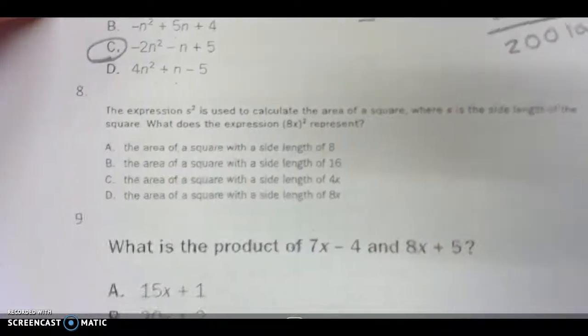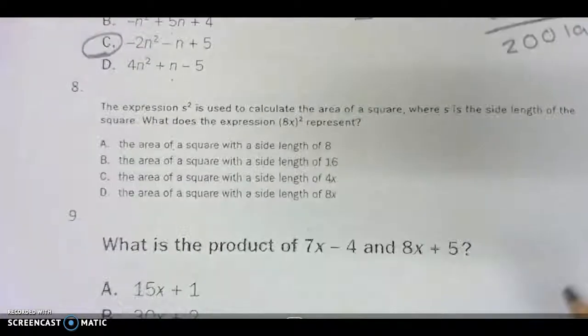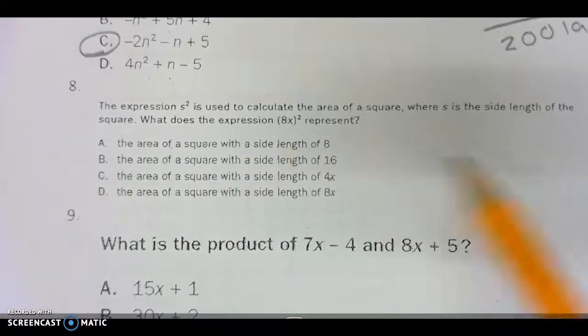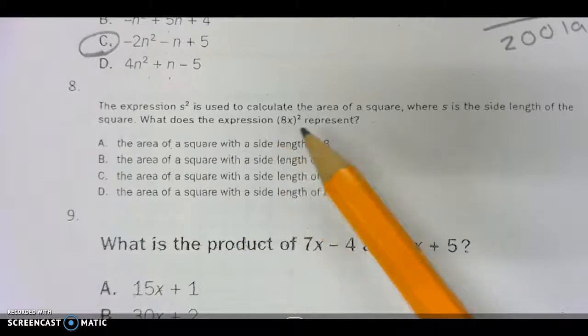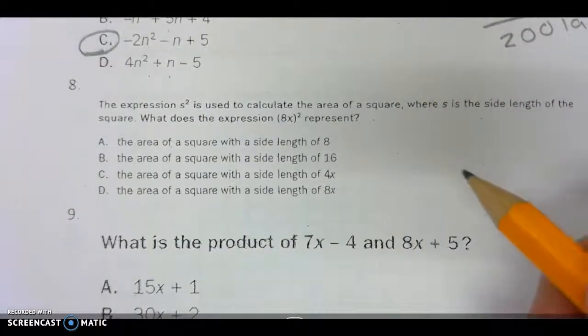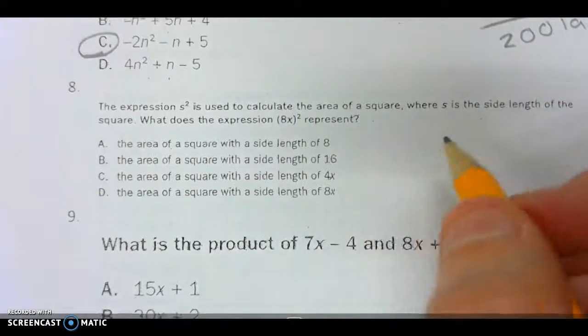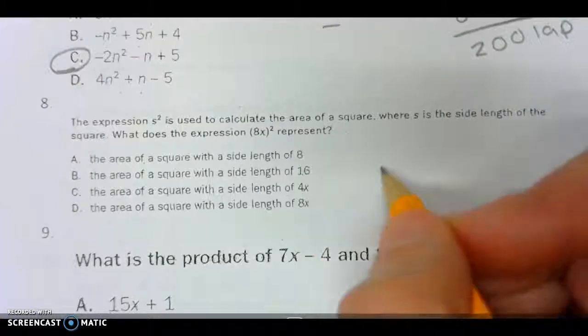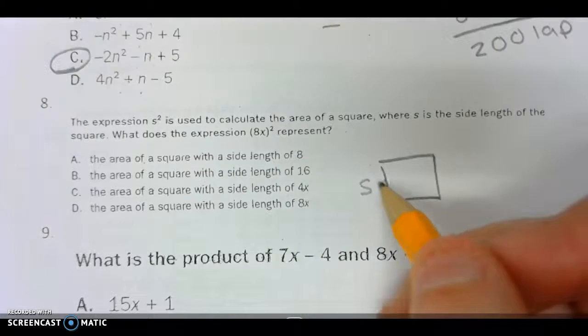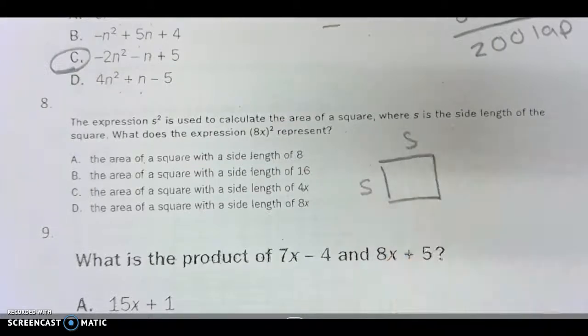Number 8. The expression s squared is used to calculate the area of a square, where s is the side length of the square. What does the expression 8x squared represent? So, if we are looking at a square, they are saying that this side is the same as this side.